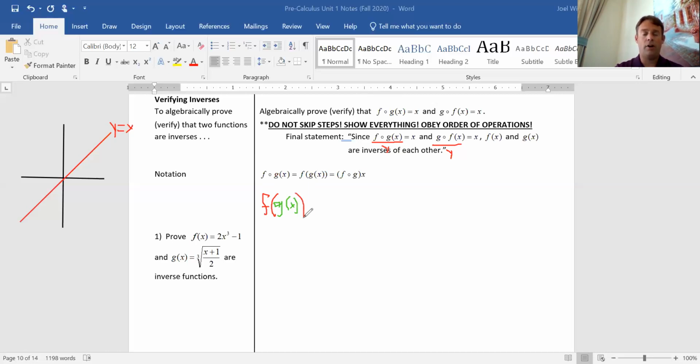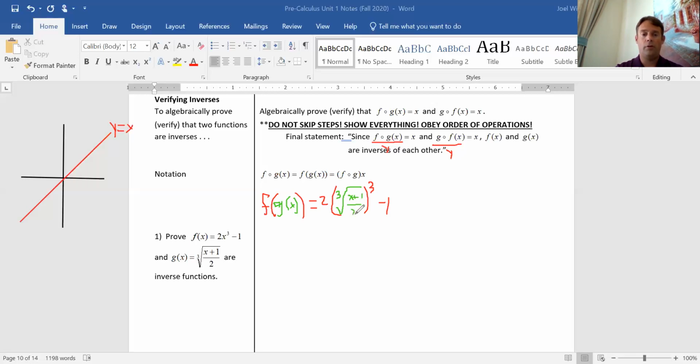That means wherever I see an x, I'm not going to leave it as an x. So in my f of x function, this is where x would have been. And I'm going to try to show that when I plug my g of x function into it, they actually undo each other. So that'd be x plus 1 divided by 2.